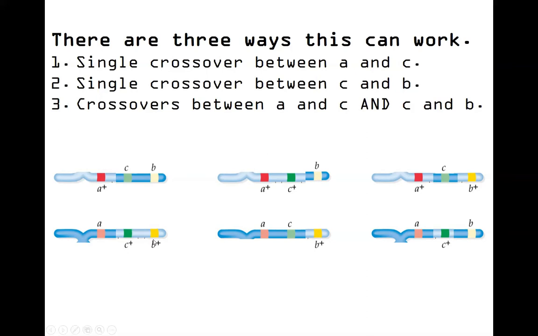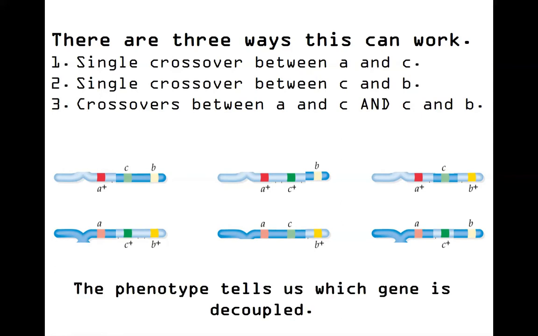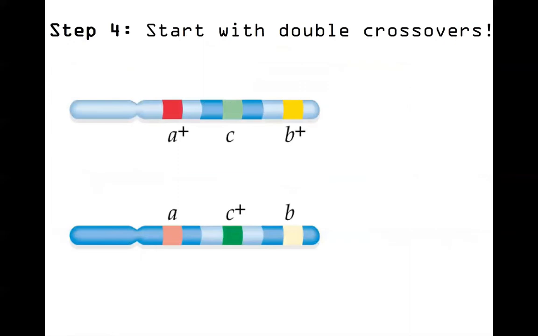The one that is decoupled tells you where this happened. I mentioned that the first thing that we're going to do is look for the double crossovers. There's going to be a reason for that. So we'll go ahead and look at these double crossovers, and the reason we're going to start with these is because they're going to help us understand. We've got juice, color, shape.